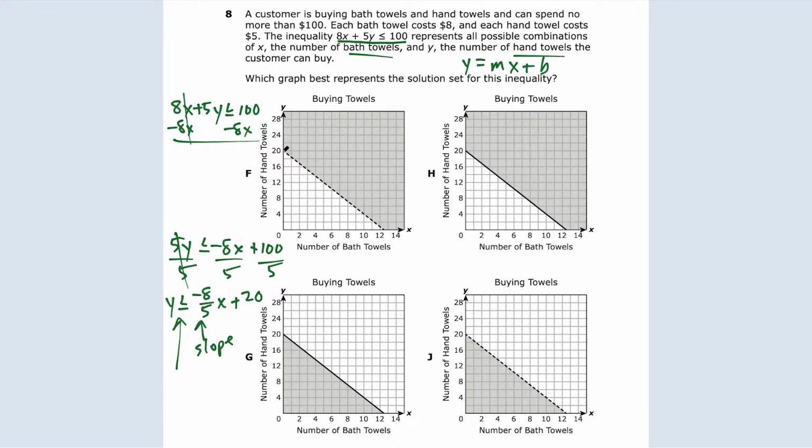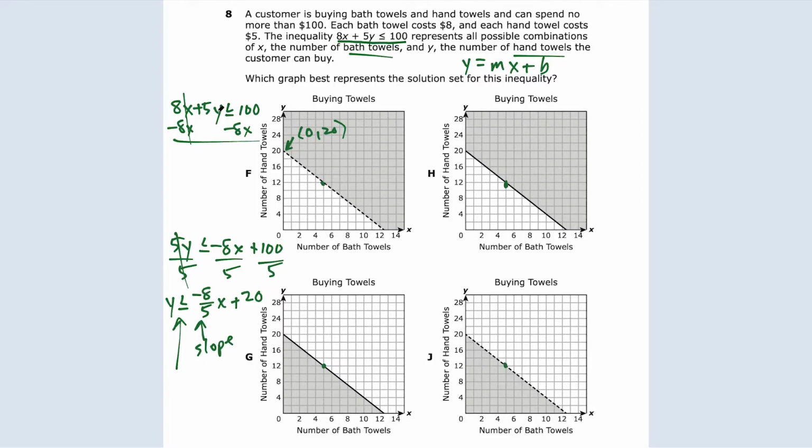I'm at the point here at 0, 20. So I'm going down 8 units. If I go down 8 units from 20, that brings me to 12. And then I go over 5, that should bring me out over here like this. And that should bring me to the point 5, 12. But notice every single graph has 5, 12. So it looks like here the slope is not even the defining piece here.